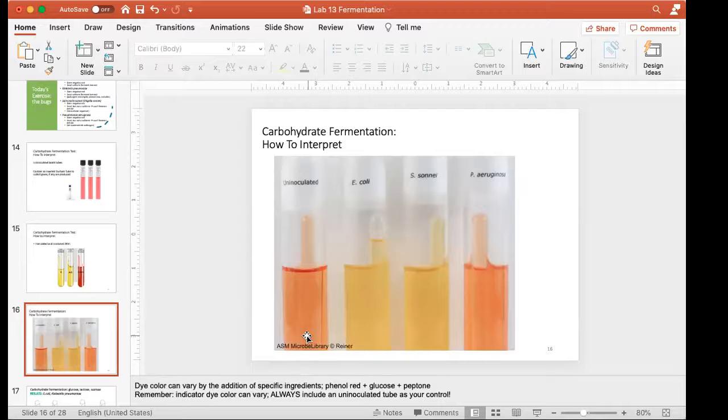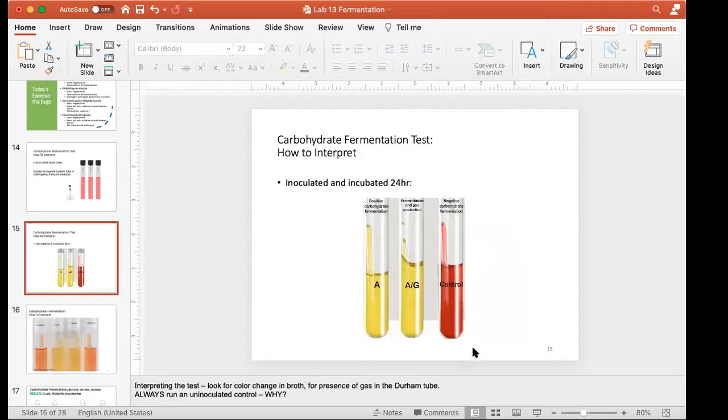A lot of times when people choose to make their own carbohydrate fermentation medium, it's because they want to add something into it that they can't get commercially. And when you do that, when you change the ingredients in the medium, sometimes the starting color of the phenol red changes.